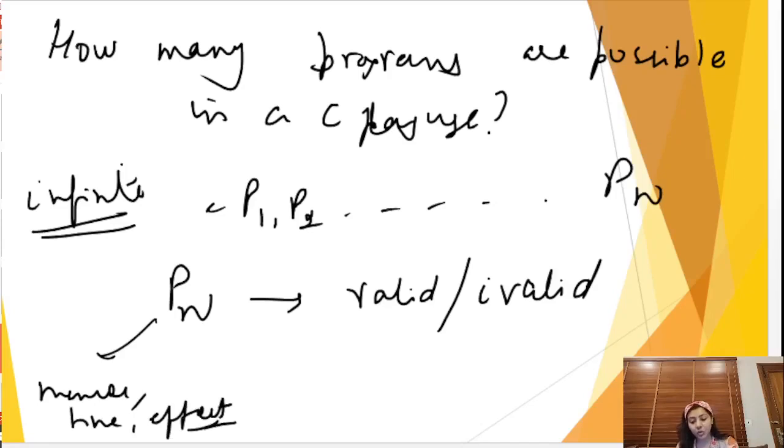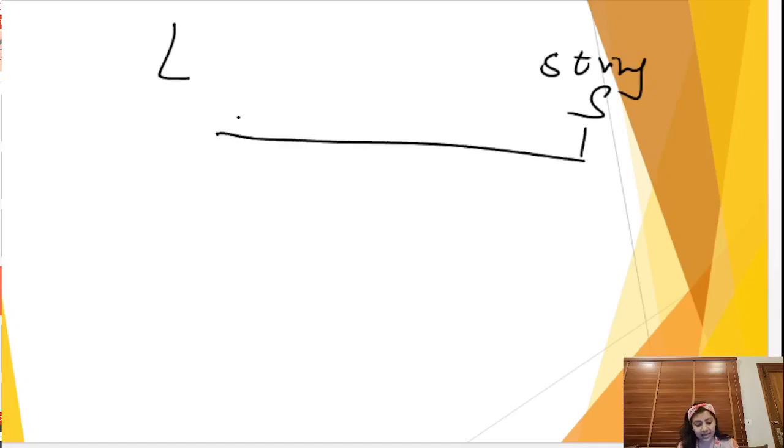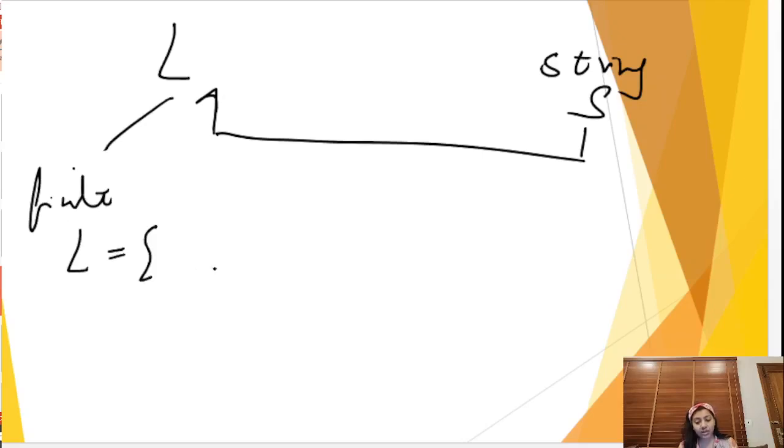So, given any language L and a string S, how will we check whether this string is present in my language or not? If my language is finite, what we can do is store all the valid strings.